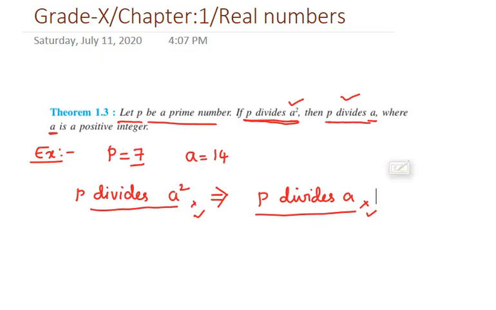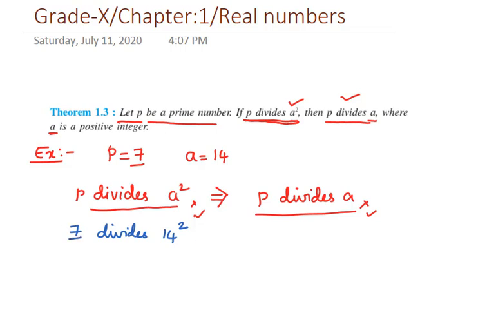Now let's check the condition. 7 divides 14 square, right? Why am I writing 14 square? Because the A value I have taken is 14, so what is A square? 14 square. So we can write 7 divides 14 square. Now is it satisfying the condition? Let's check.